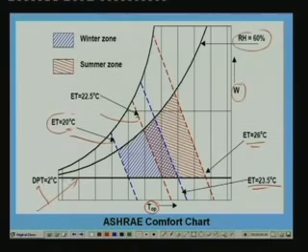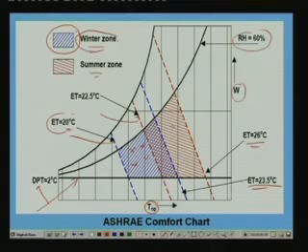Some hatched areas are shown, and all this blue zone is the recommended comfort condition for winter. That means if your conditioned space lies anywhere here during winter, then the conditioned space will be comfortable. Similarly, for summer, this red hatched area is the recommended zone.